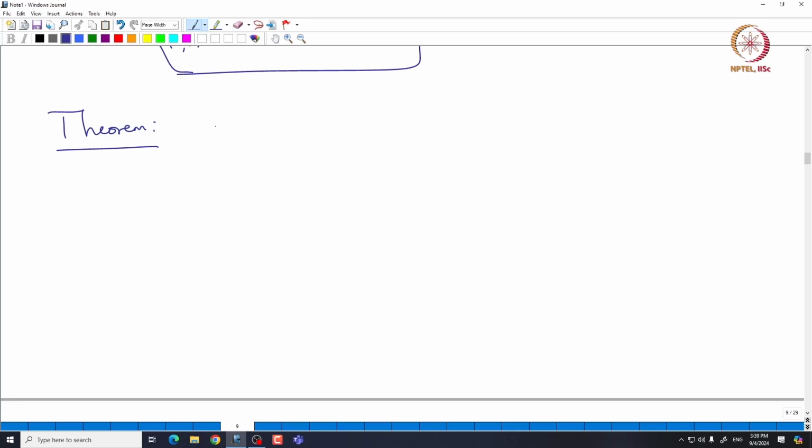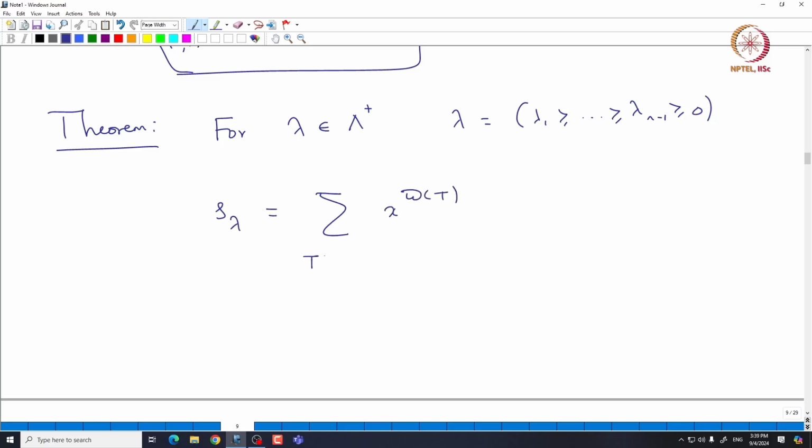What does the theorem say? For lambda which is dominant, you write lambda as a partition, lambda 1 greater than or equal to etc., lambda n minus 1 greater than or equal to 0. Then if you take the symmetric sum S of lambda, the summation of x power weight of t, where t runs over the semi-standard Young tableaux of shape lambda, this is exactly the character chi lambda.